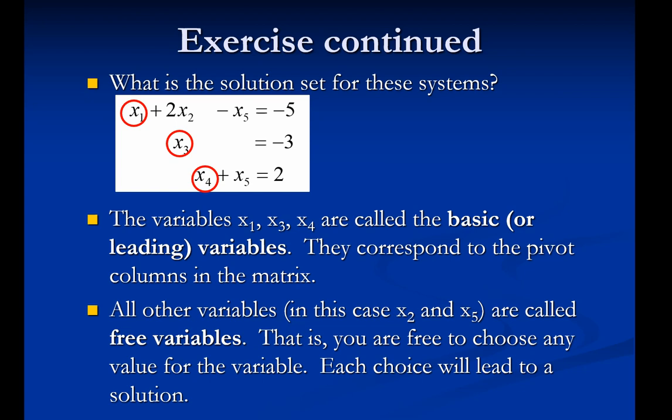Just quickly, these variables that go with the leading coefficients, the pivots, are called basic variables, and all the other ones are called free. In this case, it's x sub 2 and x sub 5.